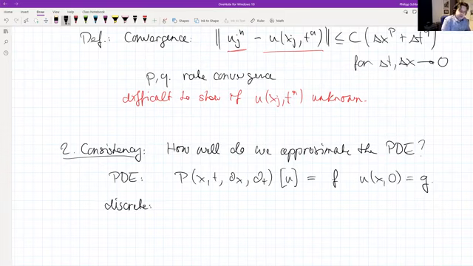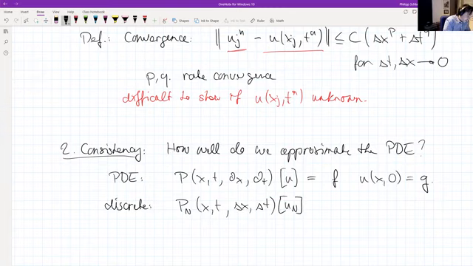We can do the same thing on the discrete level, and there we just do our usual formulation by adding an n to make it discrete. And of course, then it's again depending on x and t, but instead of the derivatives, we have delta x and delta t. And this we can apply on a numerical solution.